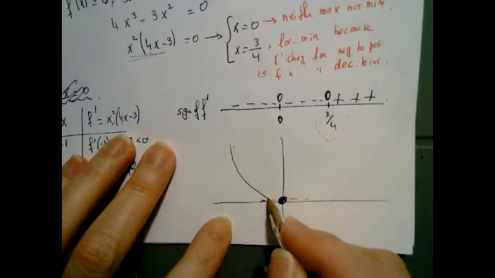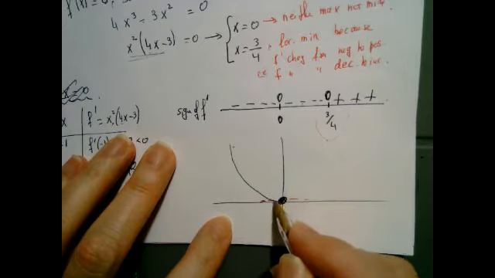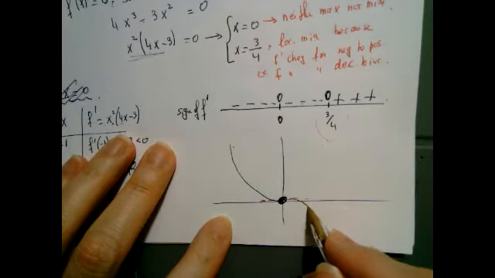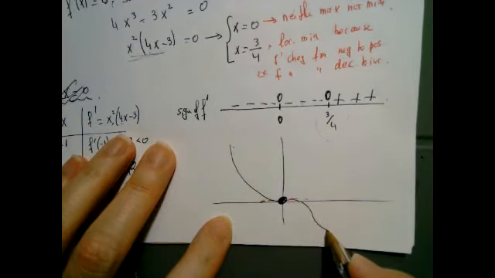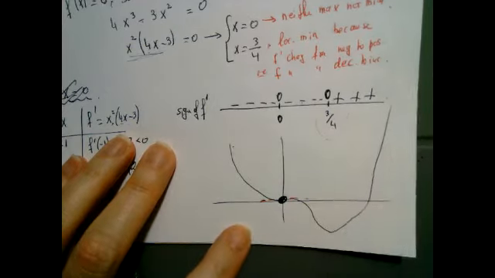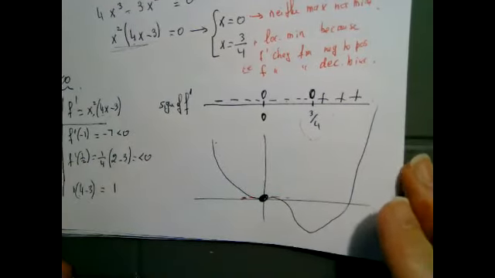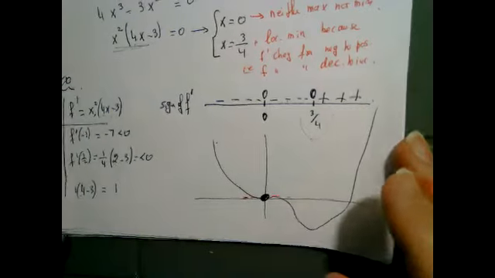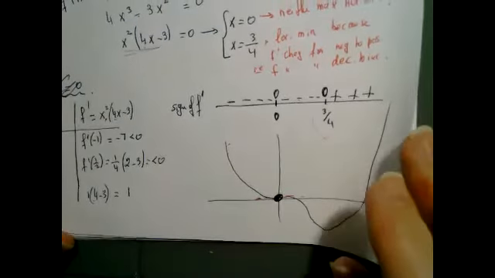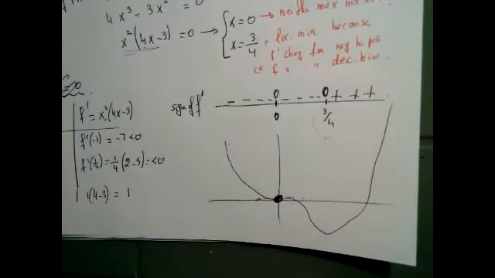The derivative is 0, it means the function flattens a little bit. And then it remains decreasing. At 3/4, the function will climb all over again. And that's the graph that we expect from the function. Okay? Any questions?